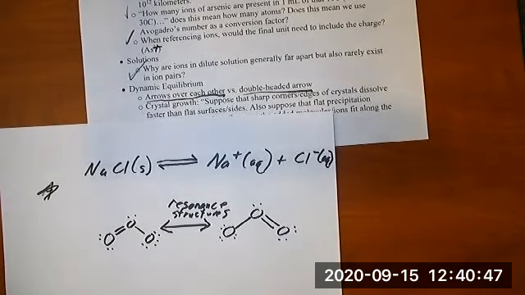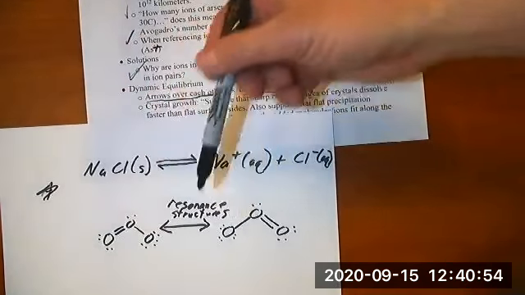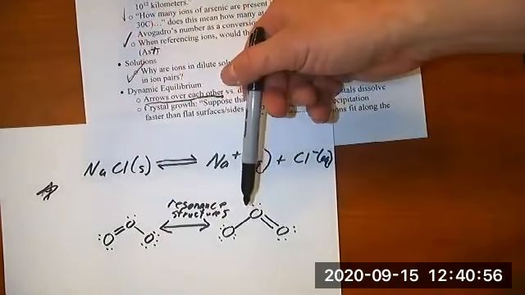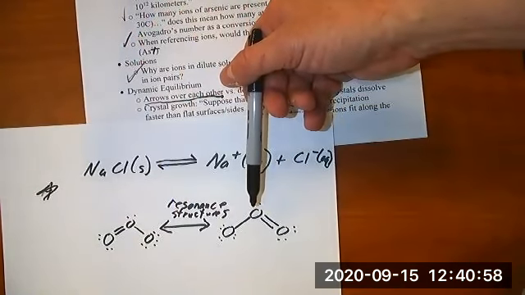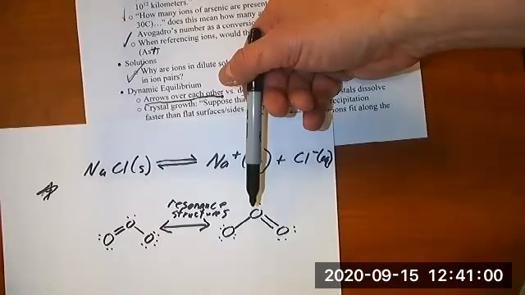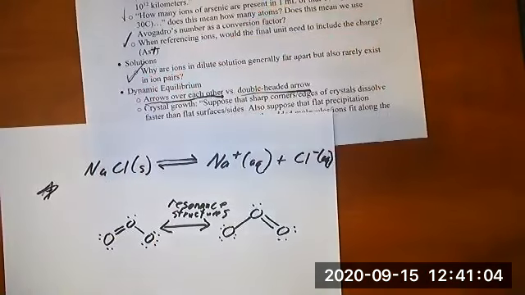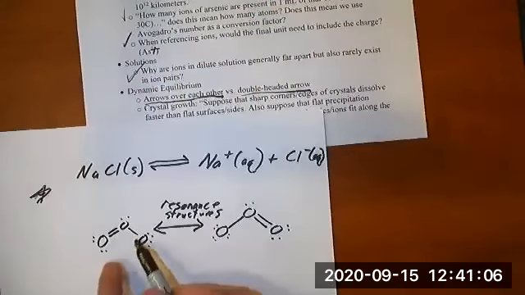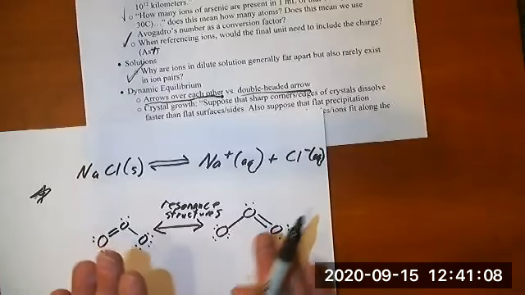And so the idea of resonance structures, you may remember, is that reality is kind of an average of these two. It's not saying that it's sometimes this and it's sometimes this and it switches back and forth. No, that is not what resonance structures mean. Resonance structures mean that the real structure is kind of an average of these two.